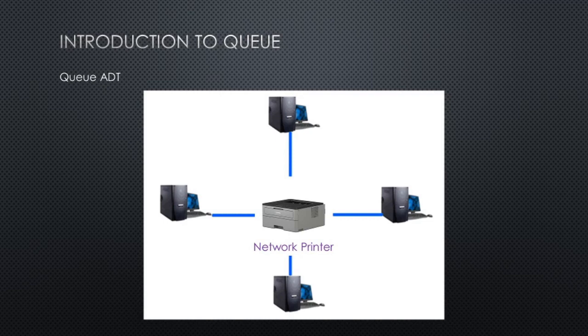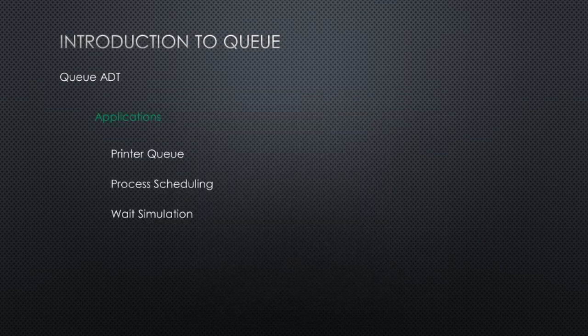So if a request comes when it's busy, it can't be like, "I'm busy, send your request later." That would be really rude of the printer. What really happens is that the program that manages the printer puts the request in a queue. As long as there is something in the queue, the printer keeps picking up requests at the front of the queue and serves them. Queues in general are used to simulate wait in a number of scenarios.